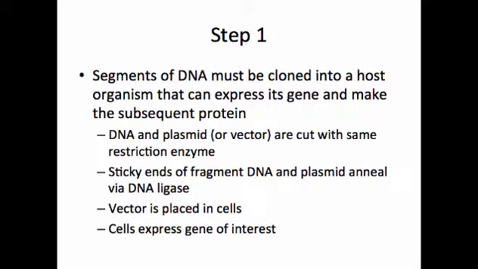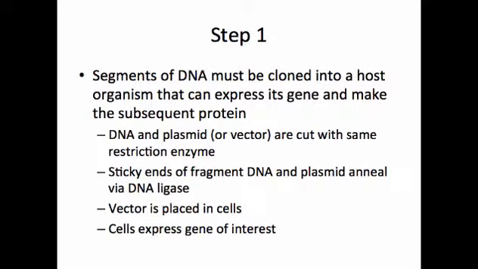Many times when we start to manipulate DNA, you'll see that we use cells that can divide very quickly, such as bacteria, and the most common one is E. coli bacteria. Or we can use eukaryotic cells if we want our end protein to have certain modifications on it that bacterial cells do not do. So for a eukaryotic cell, we can use yeast cells.